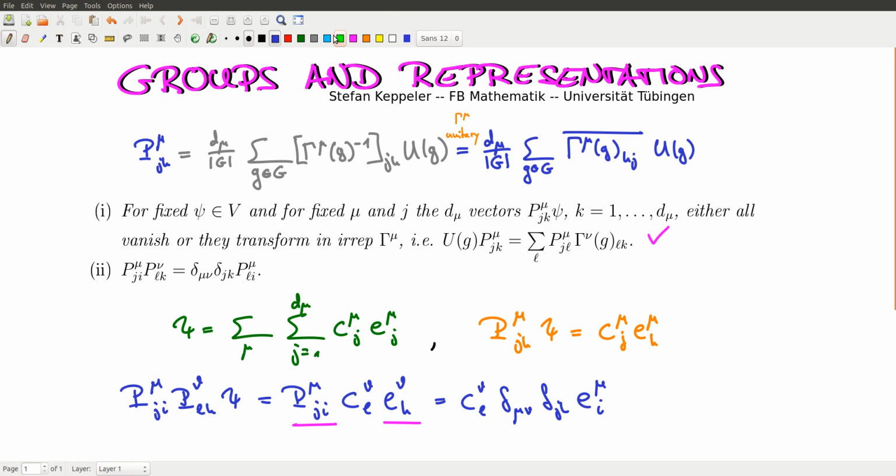Okay, now let's use this delta here in order to change this nu into a mu up here.